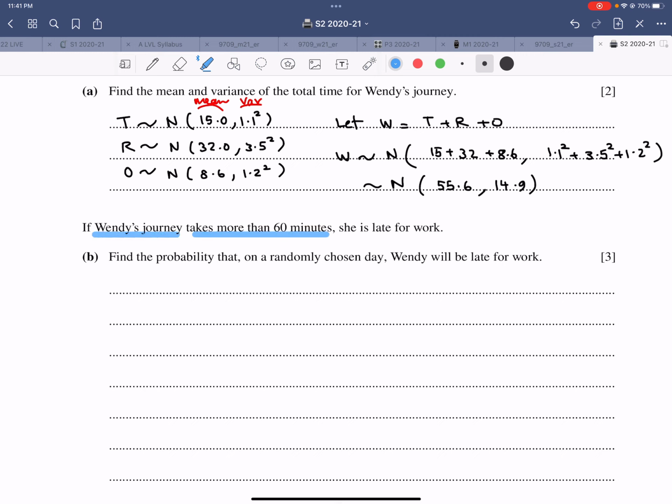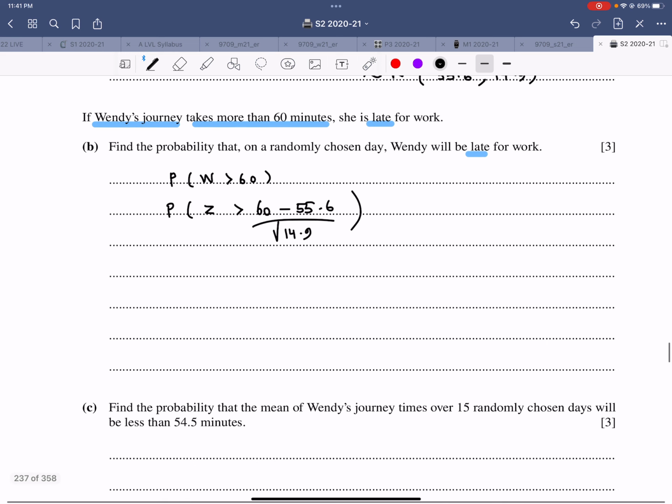So probability W is greater than 60. Probability Z is greater than 60 minus 55.6 divided by square root of 14.9. Let's simplify the numbers. This comes out to be 1.140. So that is the Z value, not the answer. Probability Z is greater than 1.140.